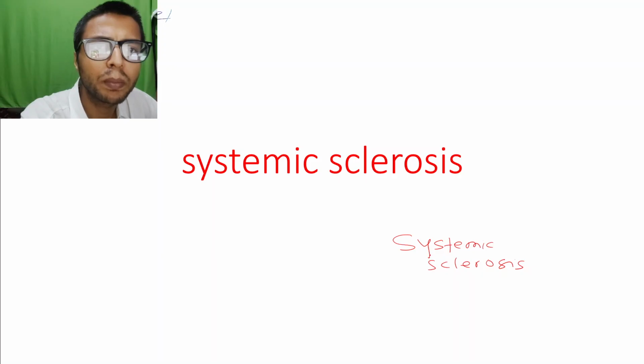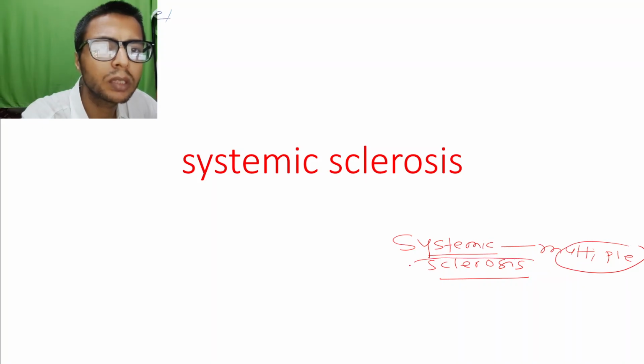So as the name implies, systemic sclerosis. Systemic means it can involve multiple organ systems of the body. And sclerosis means fibrosis.